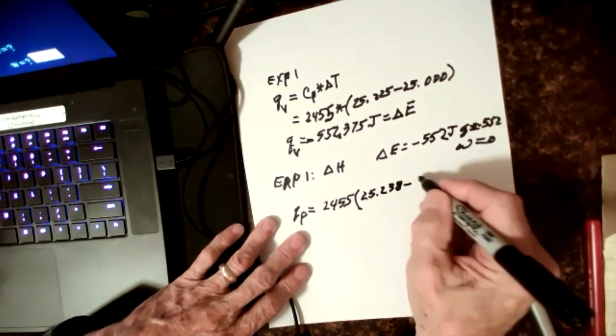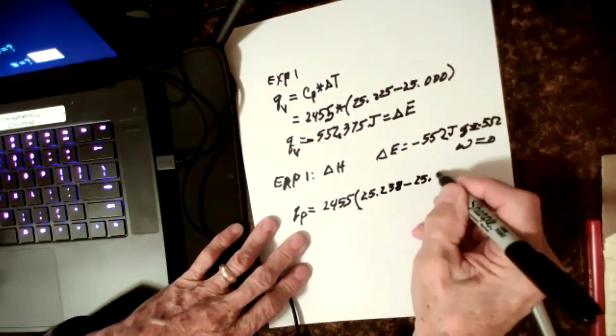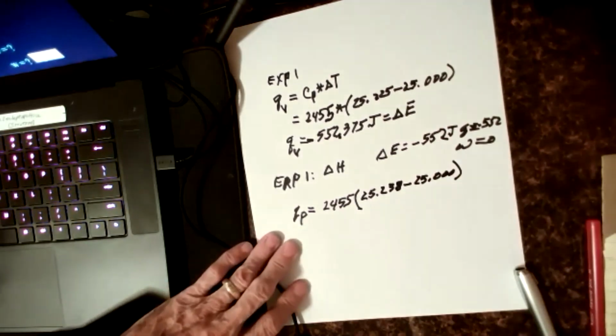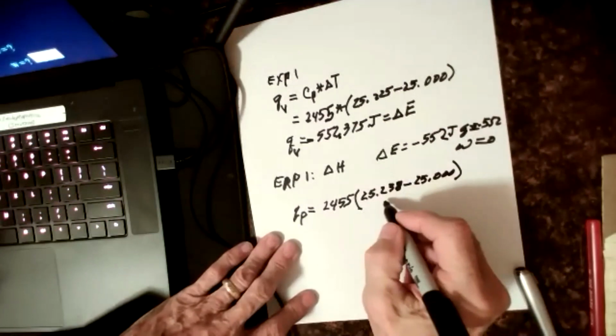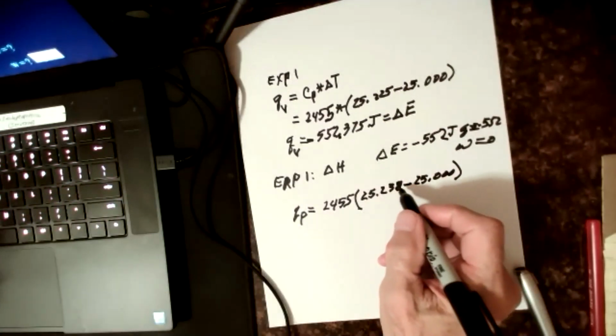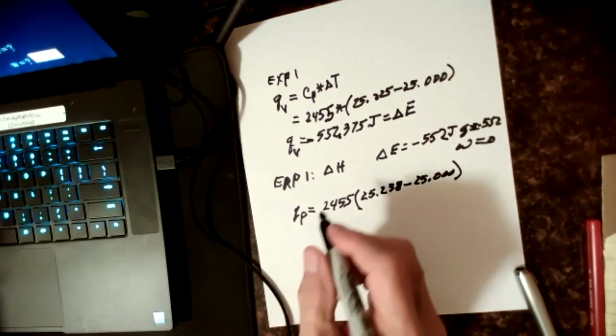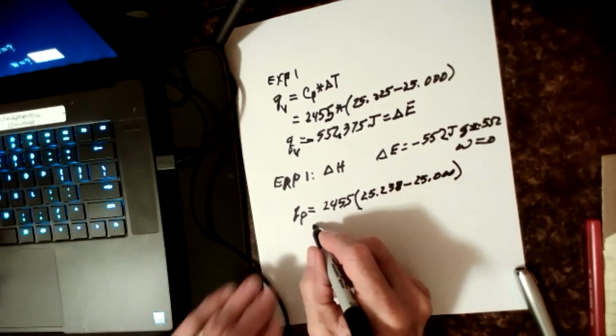The small number is 25.000. Now, when I do this math, I'm going to take 0.238 and multiply by 24.55. That's 584.29.